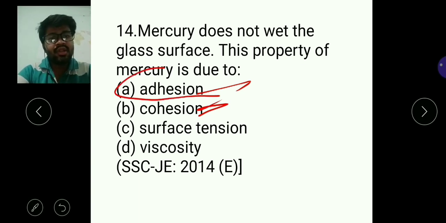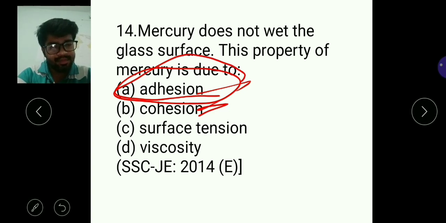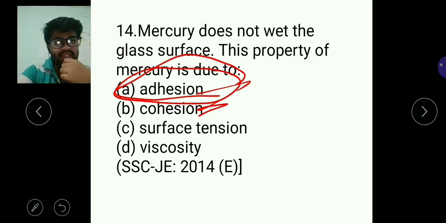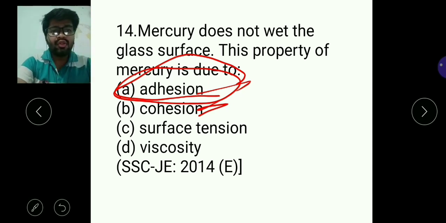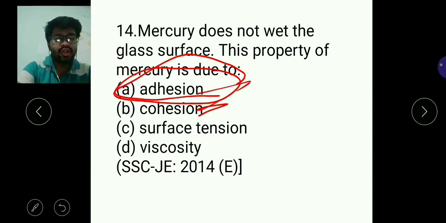Adhesion means the intermolecular force, the force between two different molecules. The adhesion force for water is high, and in case of mercury it is very less.